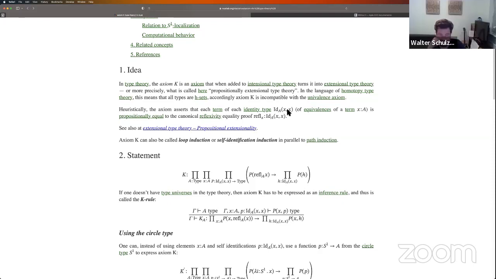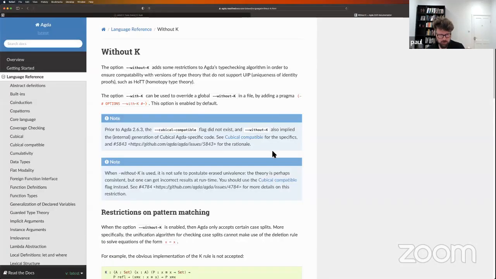So if we have that, then we can get P. Maybe we could even prove this in Agda. So this formula for the axiom K, I think we could prove that. Okay, I think this might be here.